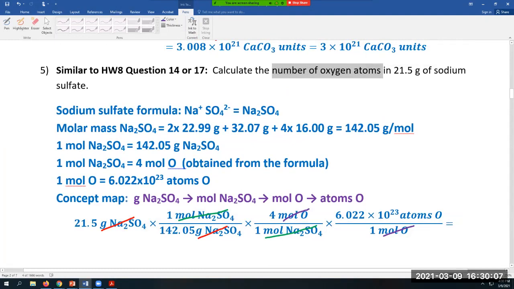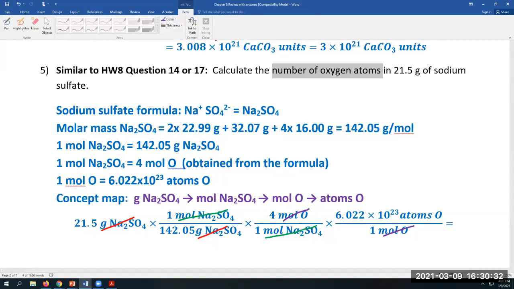So let's do the calculation in the calculator. So you do 21.5. I like to multiply all numerators together first and then divide by each denominator. So here, multiply by 1 mole of sodium sulfate is not necessary. Multiply by 4 moles of O and multiply by the Avogadro number, 6.022.